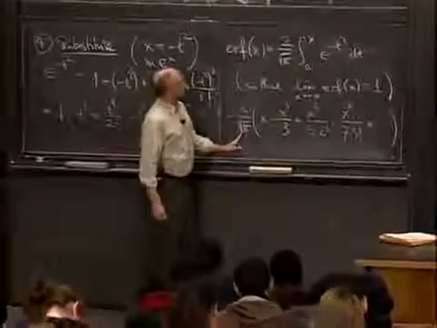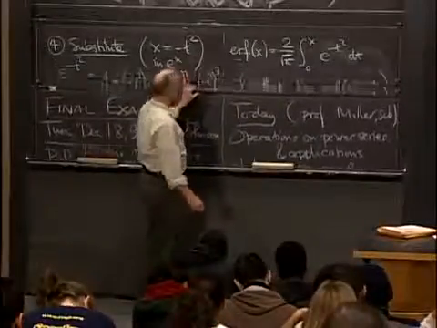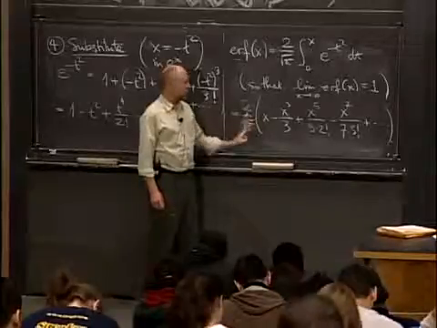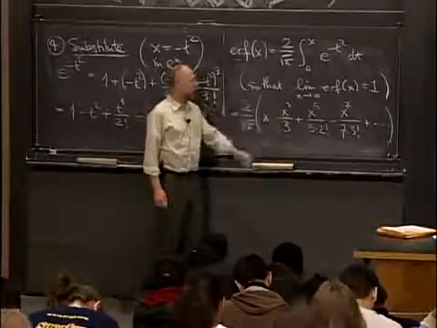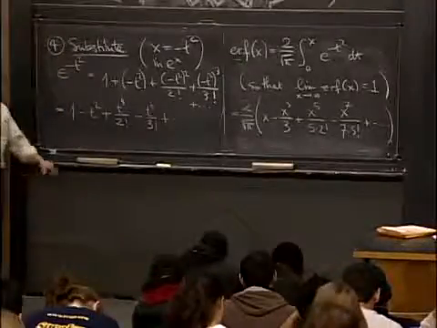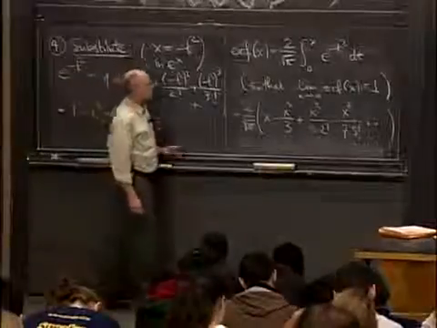I guess to get this exactly in the form that we began talking about, I should multiply through. So the coefficient of x is 2 over the square root of pi, and the coefficient of x cubed is minus 2 over 3 times the square root of pi, and so on. But this is a perfectly good way to write this power series expansion as well.